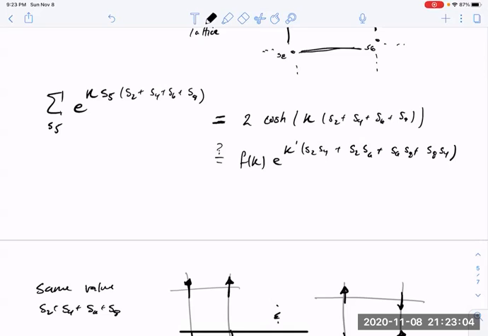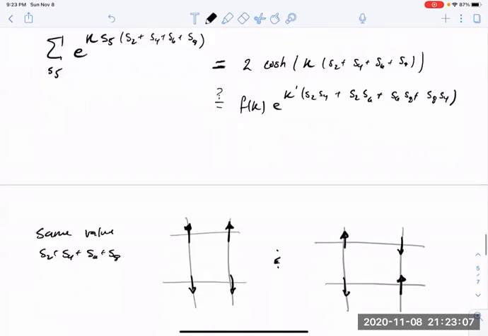That's just the sum of those even remaining spins.